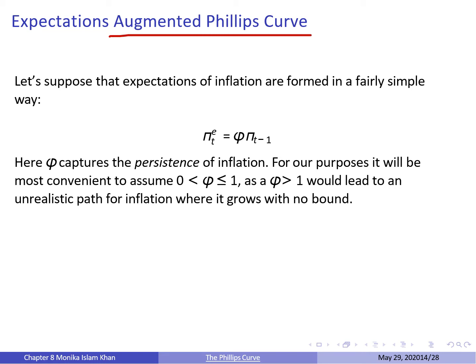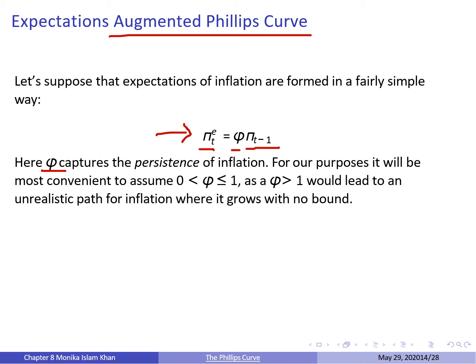Let's suppose that expectations of inflation are formed in a fairly simple way using this equation, where expected inflation rate at time t equals phi times inflation at time t minus 1. Here, phi captures the persistence of inflation.